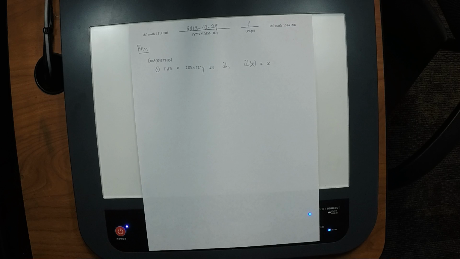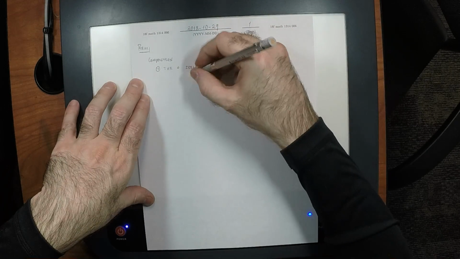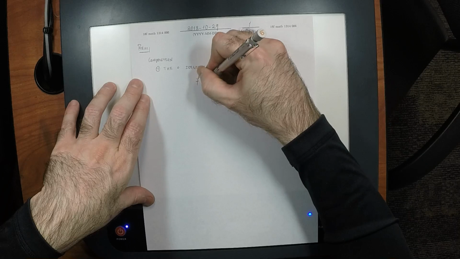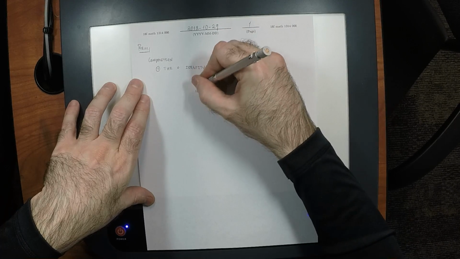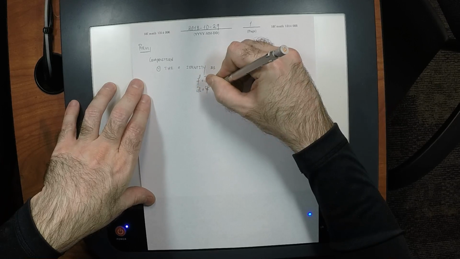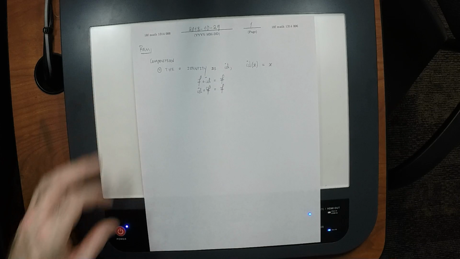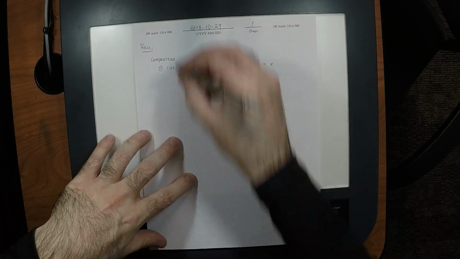So the identity function is the function where you put x in and x comes back out. You put a 5 in, 5 comes out. Okay, and notably, f composed with id needs to be f, and id composed with f needs to be f. So we have to write it down in both orders because composition doesn't commute.